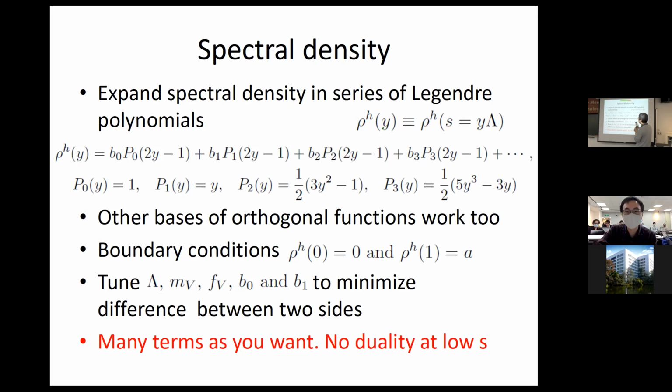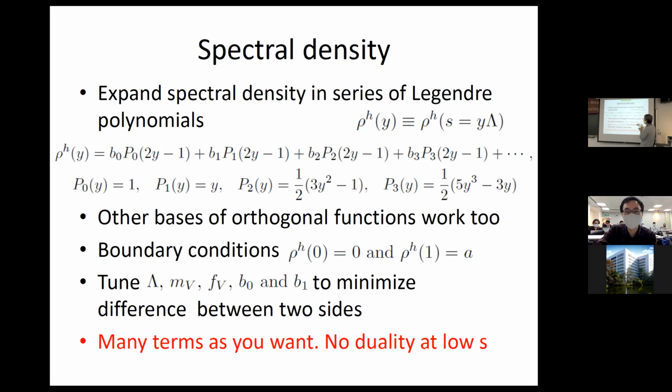You can use other bases of orthogonal functions. It doesn't matter. The result will not change. Here we keep only 4 terms, up to P3. You can add as many terms as you want. No problem, because this is a general function.